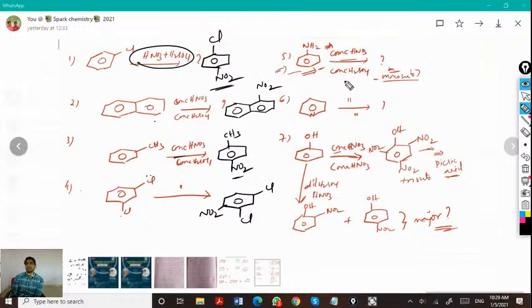Okay, next, this is going to give mono substitution when it is anilinium ion. Sorry, when it is aniline in nitration mixture, it is going to give a mono substituted product that is also meta. Why? I expect the answer from you. Couldn't get much answers from you.